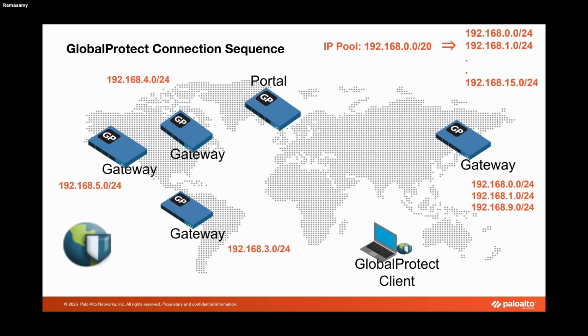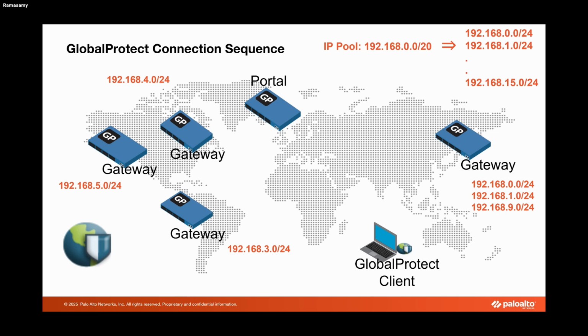So for a /20, it will start from 192.168.0.0/24, 192.168.1.0/24, and so on, ending with 192.168.15.0/24. Prisma Access will do this subnetting and dynamically allocate from these /24s for all the gateways which you spin up.